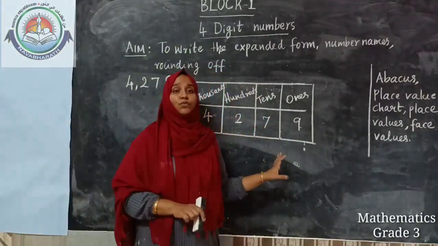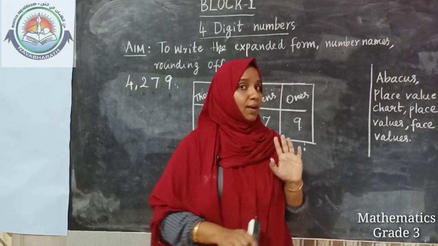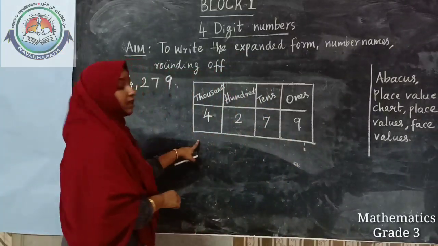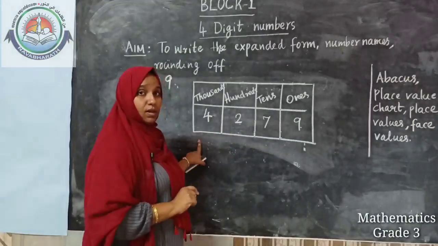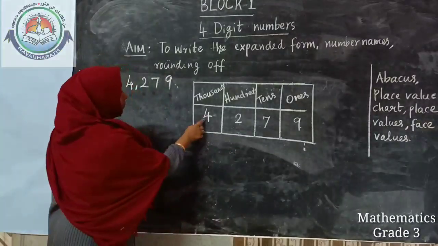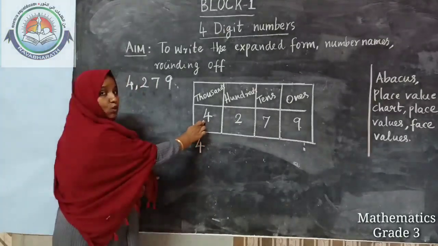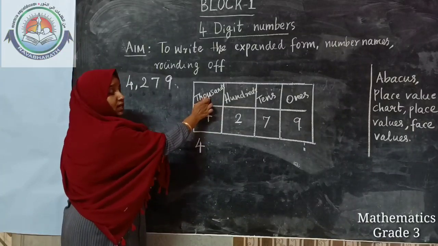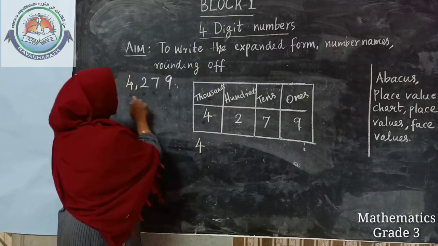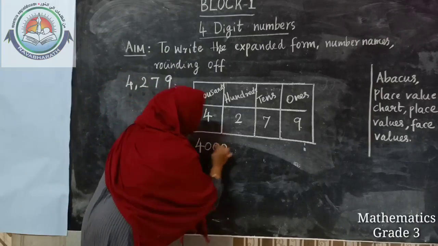Okay, let's see how to write the expanded form of a number. The expanded form is the sum of the values of the digits in a number. In our last class we studied about values. Here the face value of 4 is 4, and it is in the thousands place, so the value of 4 in this number is 4000.